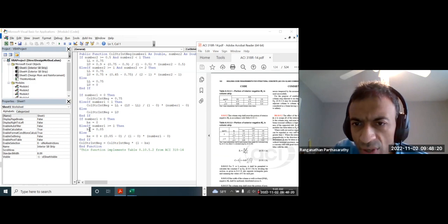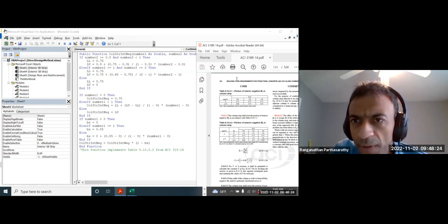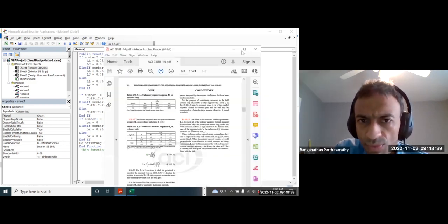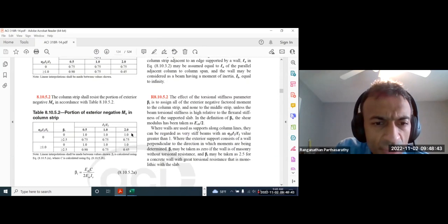Then there is one more. This Bx is how much is going to the beam. This is everything distributed to the column strip, that is, how much percentage of the moment is going to the column strip. But out of that, how much is going to the beam strip?